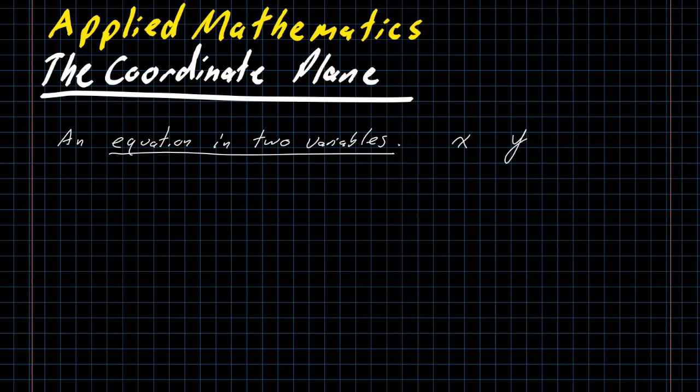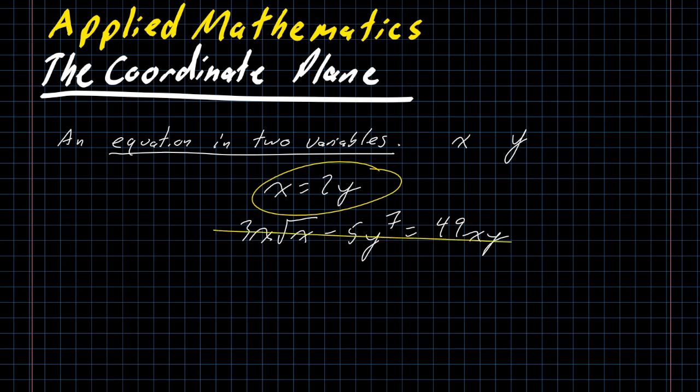And an equation in two variables can be as simple or as complicated as you would like it to be. For our purposes this semester, we're going to lean on the simpler side. We're going to kind of avoid the more complicated sides.